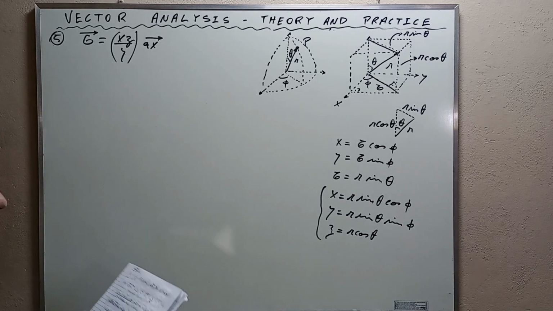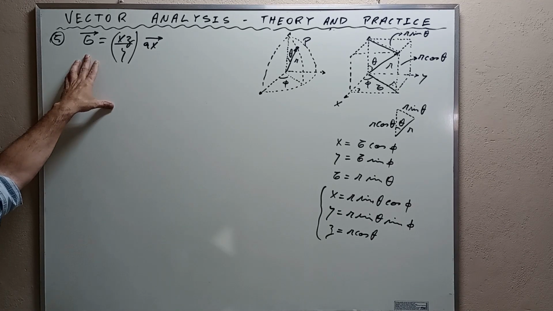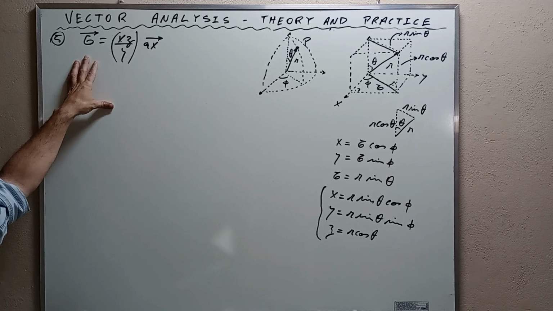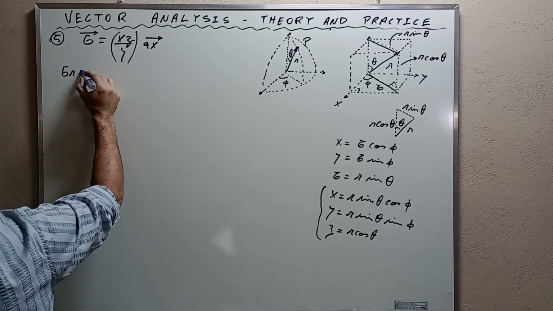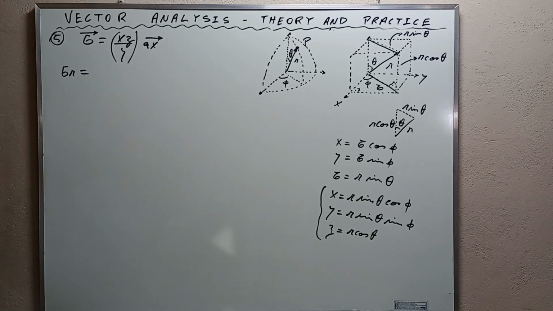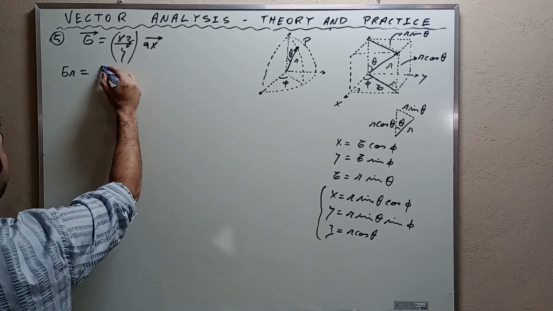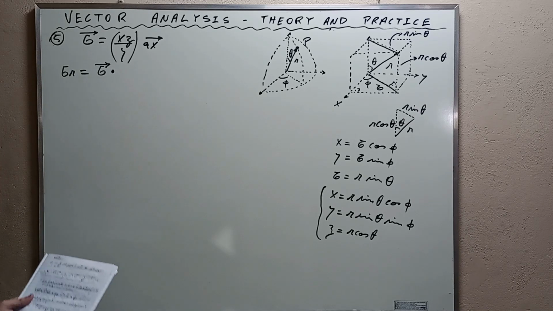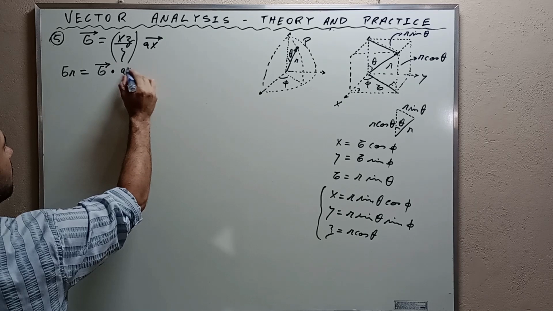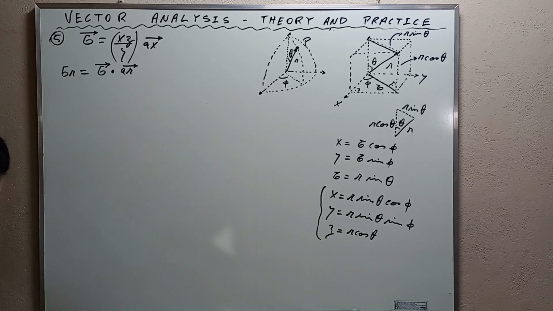And if we want the component of this vector field in the r direction, we are going to multiply it using the dot product in the r direction. In this way, the component of g in the r direction is going to be g, the very vector, in a dot product with the unit vector in the AR direction, okay?